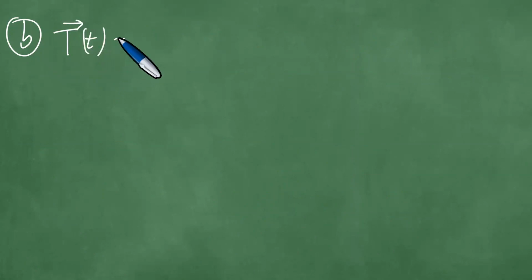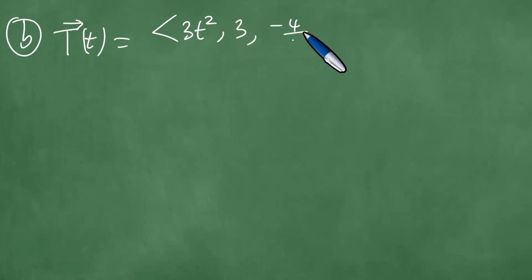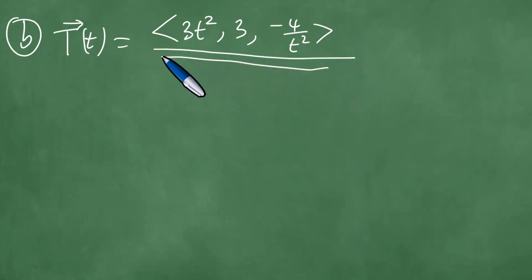Part B. Okay, T. So we have 3t squared, 3, minus 4 over t squared. So you have 3t squared, you square it.